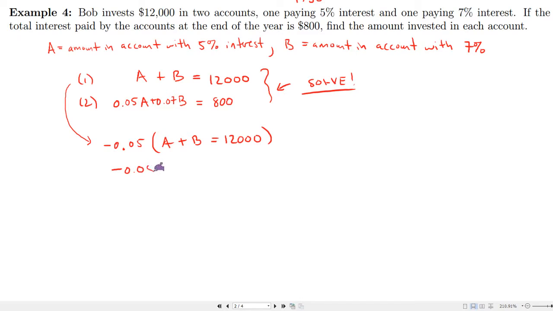Negative 0.05A minus 0.05B equals negative 0.05 times 12,000. And then equation 2, so this is sort of like 1 modified, right? And then equation 2 we'll just leave alone.